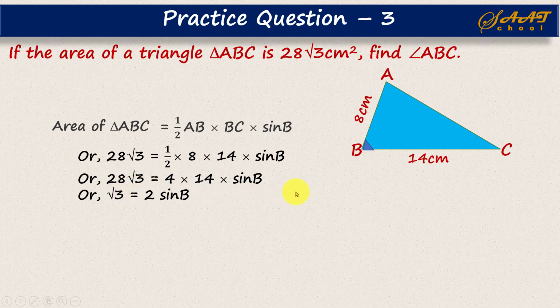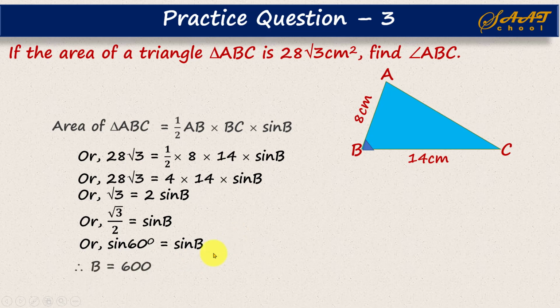So here sin B will be equal to root 3 divided by 2, and that is the value of sin 60 degree. So this sin 60 degree is equal to sin B. In that case, we know the value of B will be 60 degree.